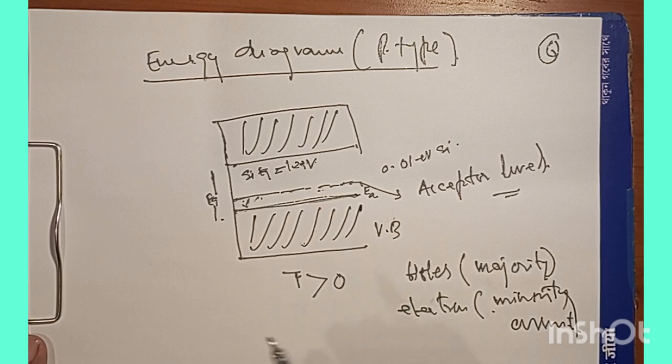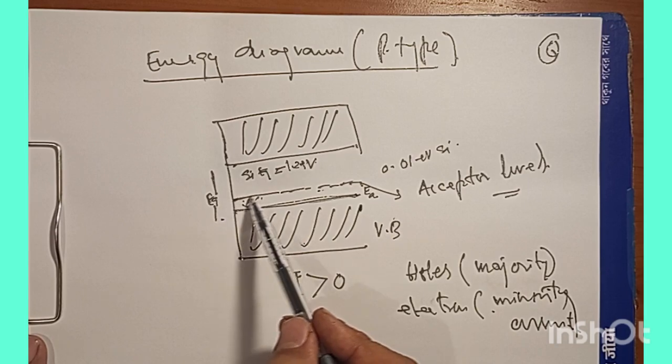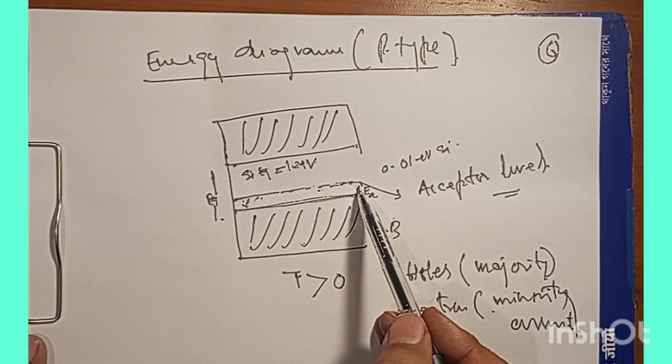And if we talk about the Fermi level, which we might be discussing in future, it lies in the forbidden energy gap near the valence band in the case of a p-type semiconductor.